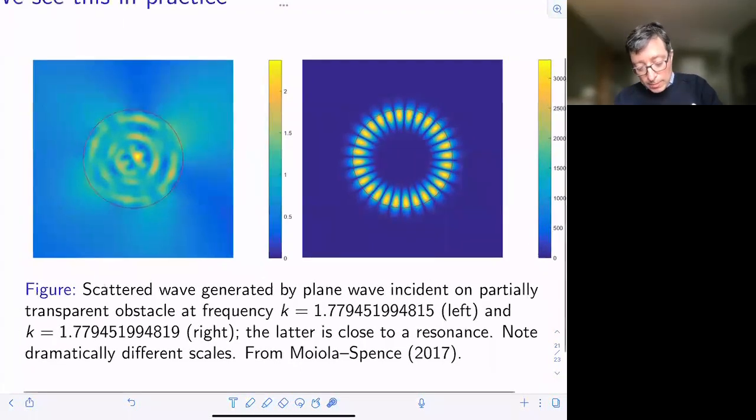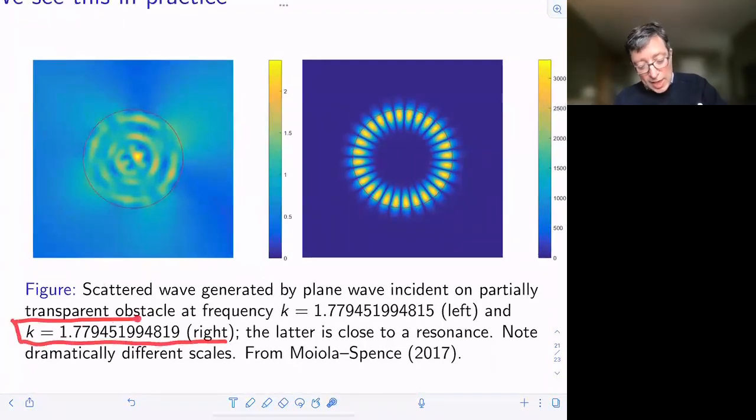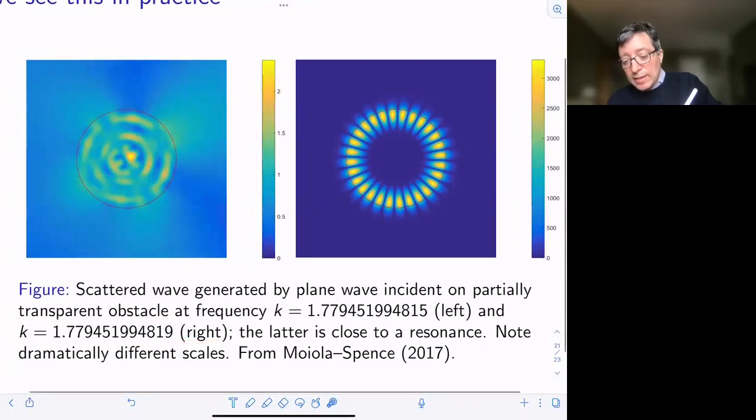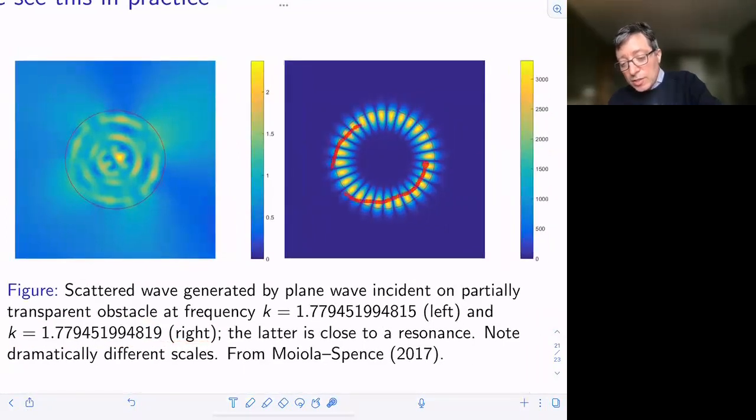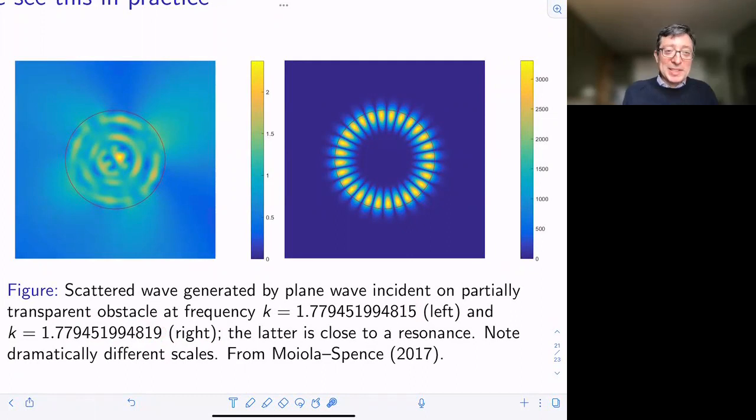And the main thing to take away about this picture is the following. Let's look at the right one. Here's the K for the right-hand picture, and these are quite large values being shown here. The scale, I hope you can read it, is going up a bit above 3,000 at those peak points, maybe even 3,250 or something at the centers of those things. So it's quite large. And now we change the frequency of the incident plane wave in the last significant figure. I don't know how they do this, actually. This seems like an amazing computation.